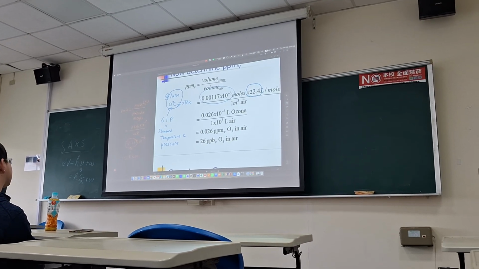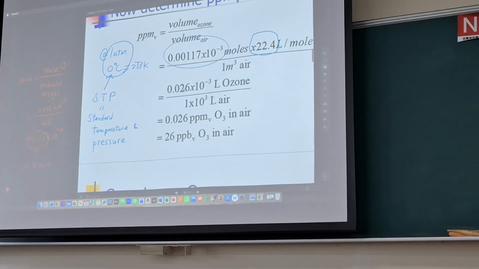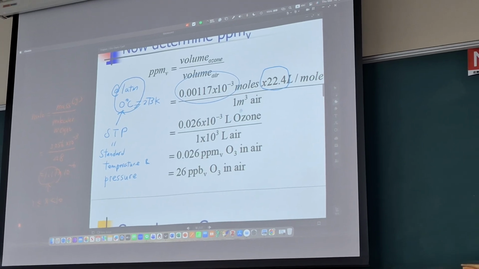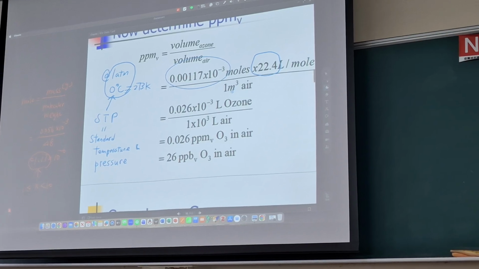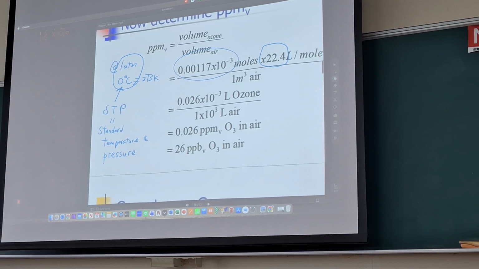So this equals 0.026 times 10 to the minus 3. Not finished yet. We also need to convert this into liters, right?